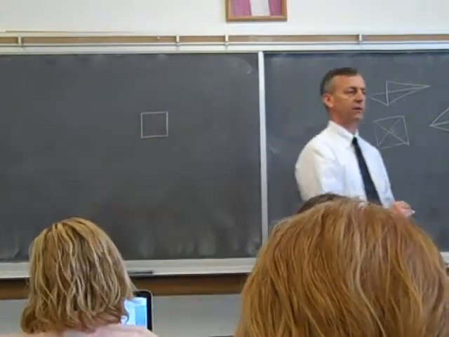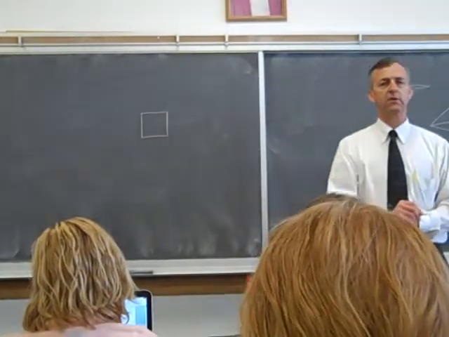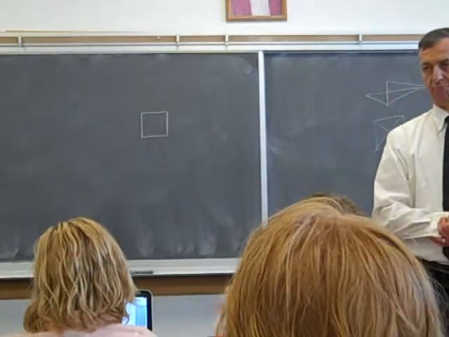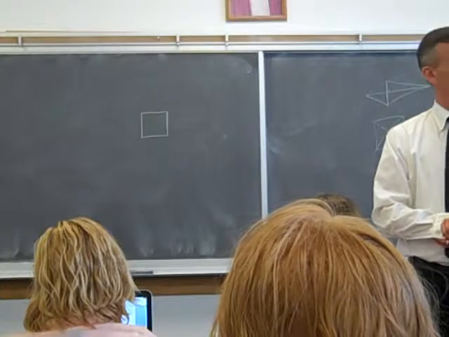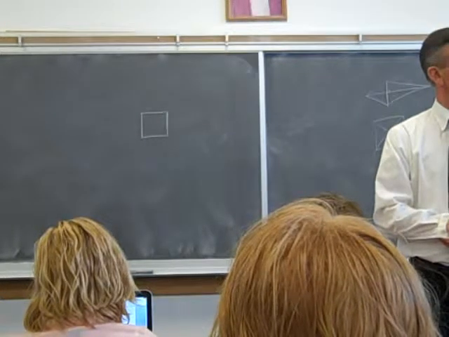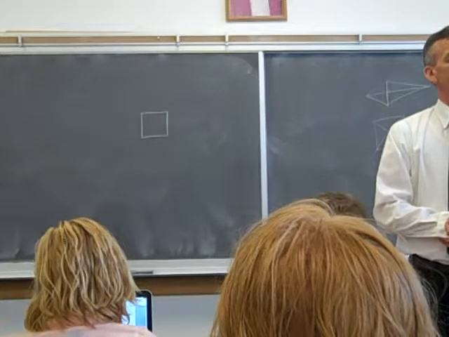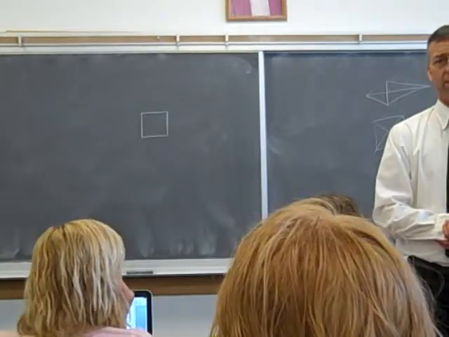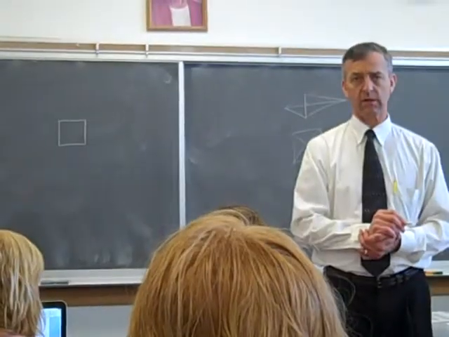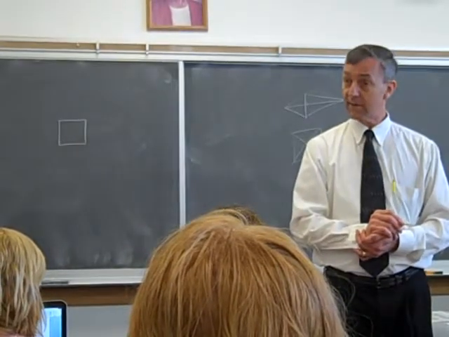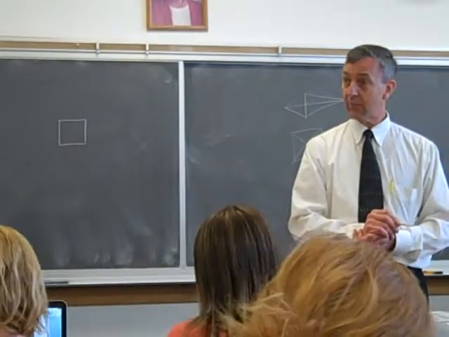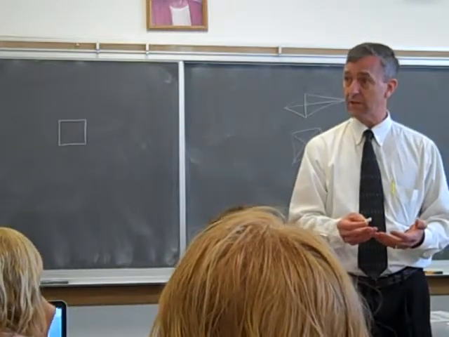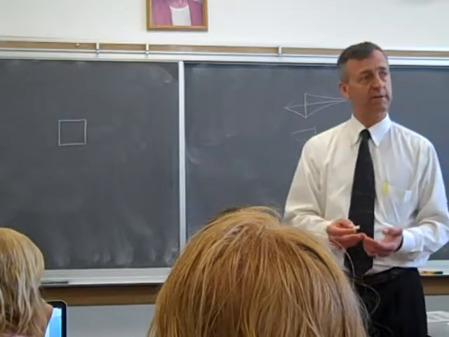What if you have this figure and you ask your students to identify it, and a student says, that's a rectangle? There are so many elementary teachers that say, no, that's not a rectangle, that's a square. But every square is a rectangle by definition, because what's the definition of a rectangle?